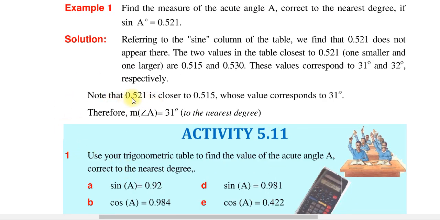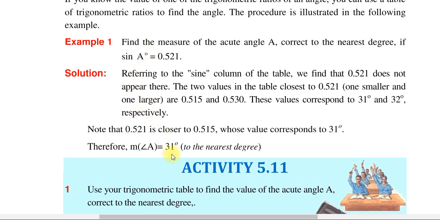Note that 0.521 is closer to 0.515, whose value corresponds to 31 degrees. So the measure of angle A is 31 degrees. Using approximation, we can determine the degree value.